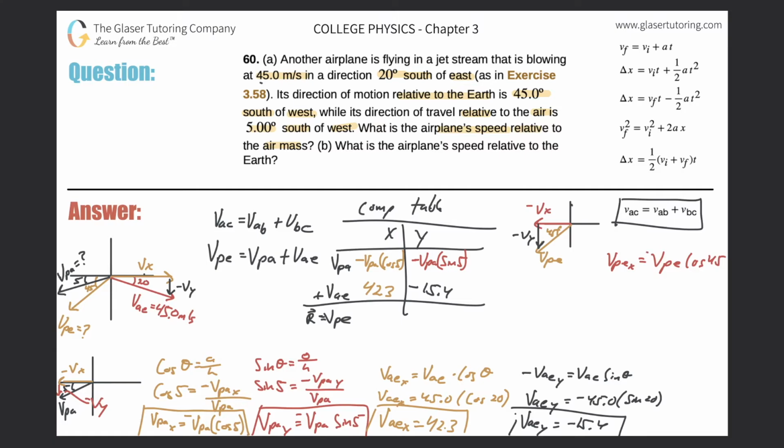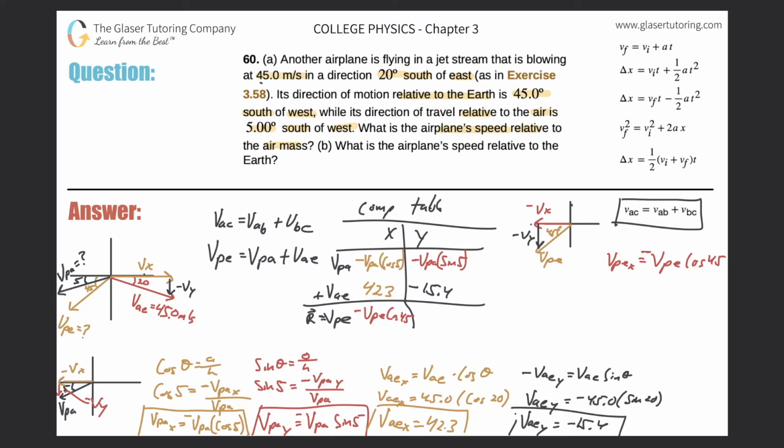Let's write that over here now and plug that into the table. This is going to be negative VPE cosine of 45. It's tough to fit this all on one page, as you can see. Now let's do the same thing for the y component.